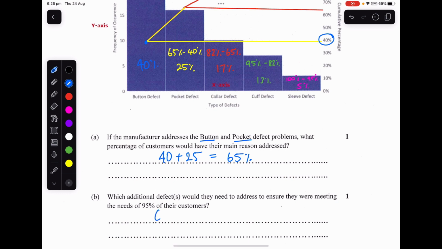So you would write collar and cuff defect. Okay, so see how it didn't take very long to do the part at the start, getting all the different percentages, and it means it just makes it easier to answer the questions.